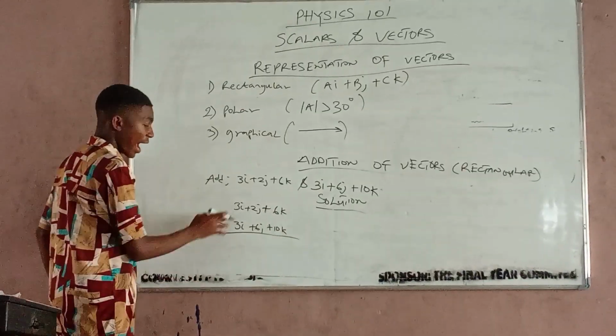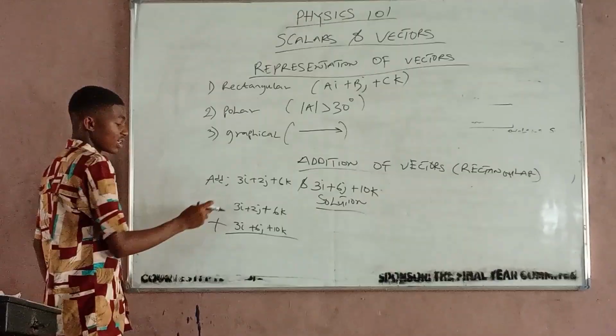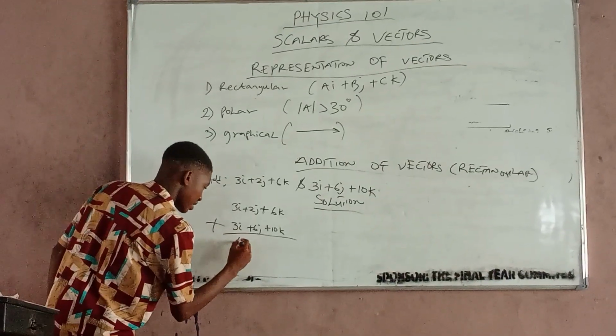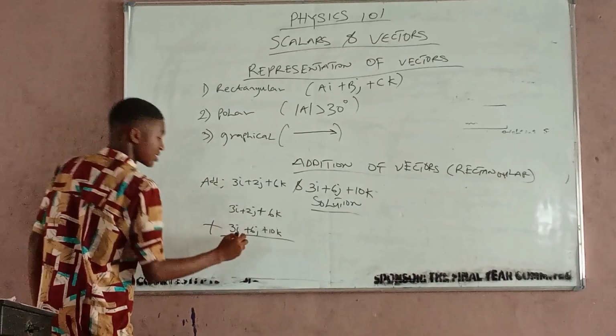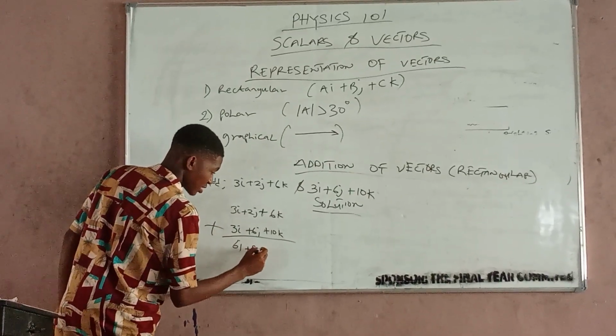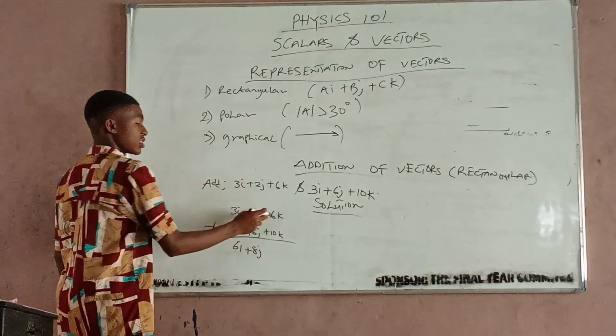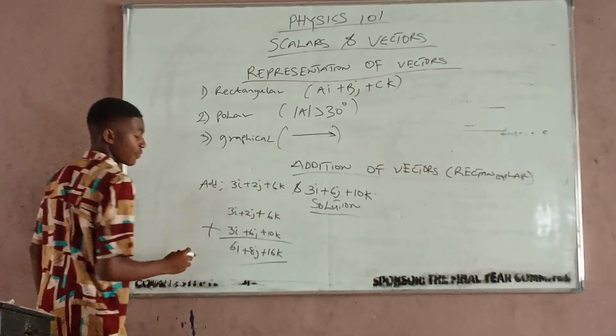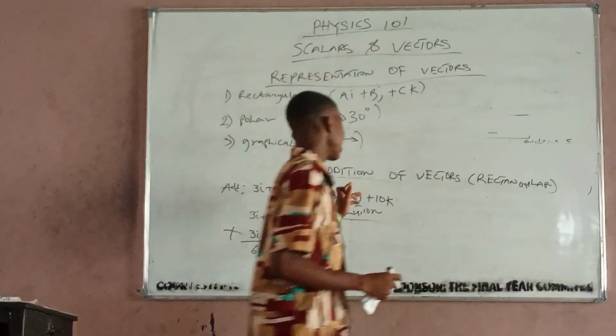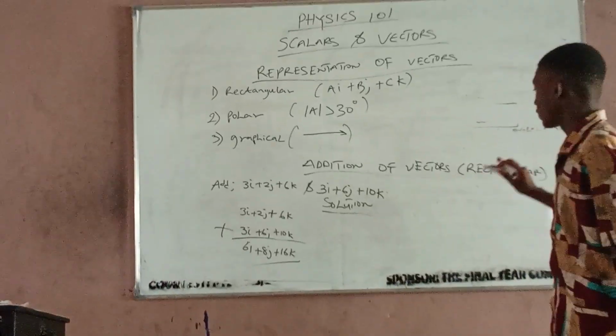Adding this together now, i with i, j with j, and k with k. 3 plus 3, 6i. 2 plus 6, 8j. 6 plus 10, 16k. That is the final answer. This is the addition of vectors based on the rectangular form.